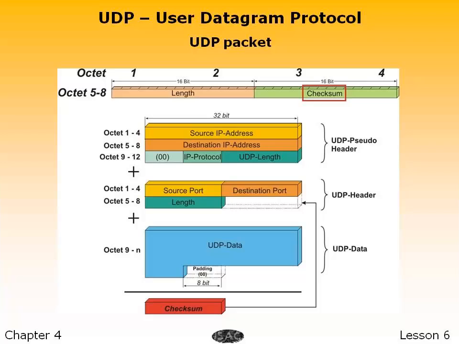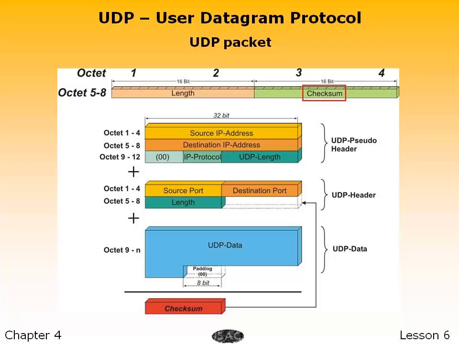The protocol was designed by David Reed in 1980 and formally defined in RFC 768. UDP uses a simple transmission model with a minimum of protocol mechanism.